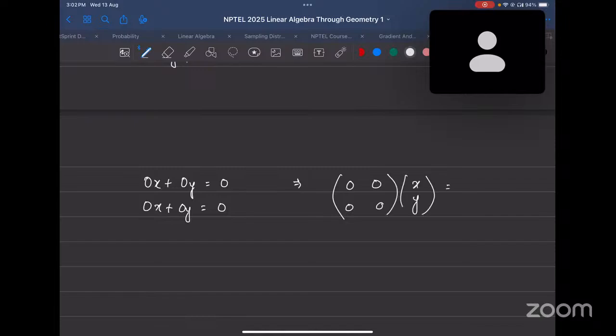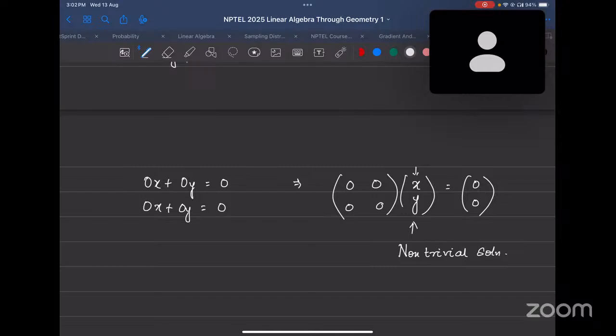And if that is 0, 0, then you can put anything other than 0 here. Therefore, this will have a non-trivial solution. Is this clear? This non-trivial solution is the thing that is being asked for. So when the matrix A is all 0.